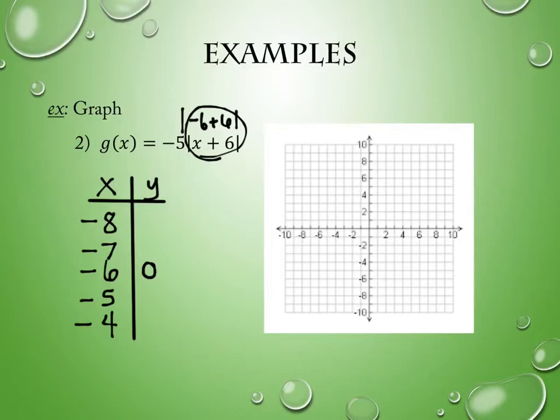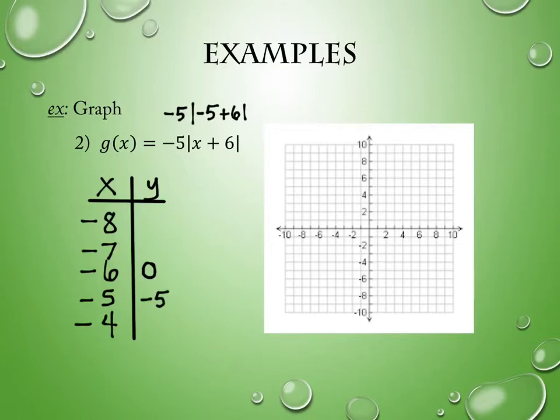All right, so let's see what happens now when I plug in the values 1 bigger and 1 smaller. So if I plug in 1 bigger would be -5. What is -5 plus 6? 1. Absolute value of 1 is 1 times -5 is -5.